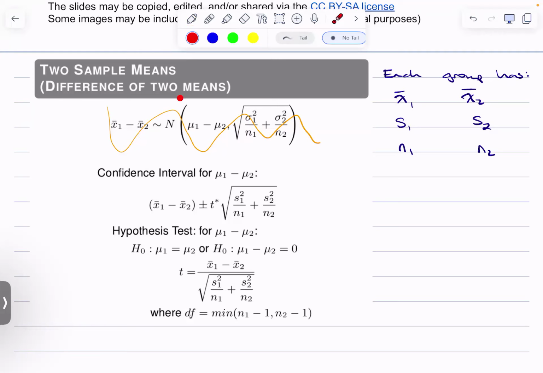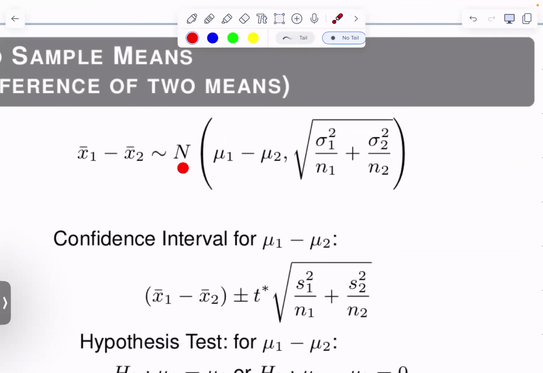The difference of 2 means is what we're analyzing. It follows a normal distribution, centered on the difference between mu1 and mu2, with a standard error of the square root of sigma 1 squared over n1 plus sigma 2 squared over n2.